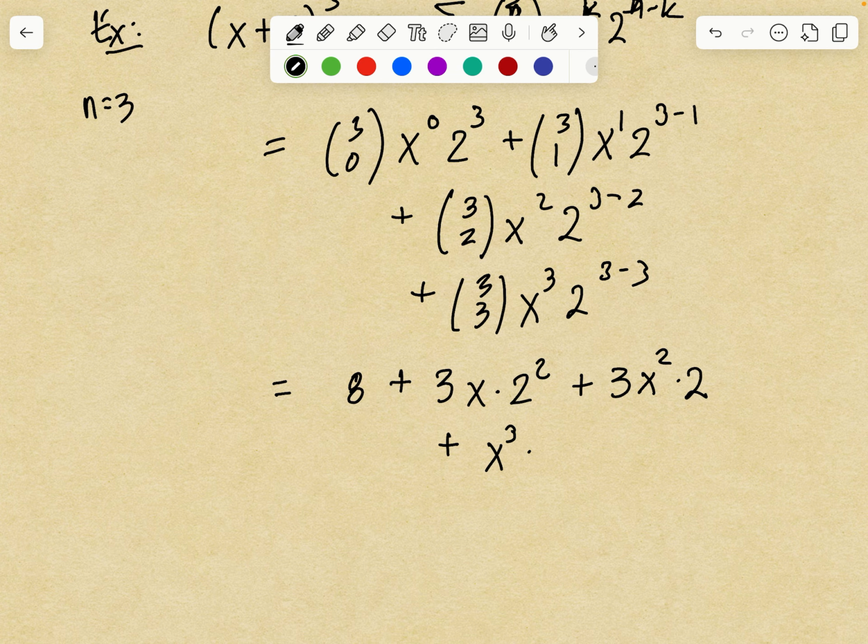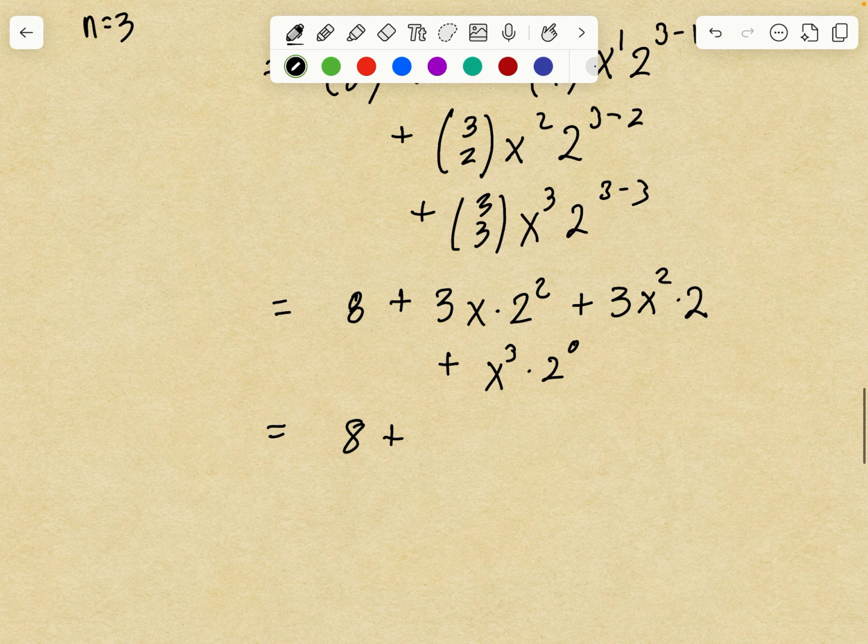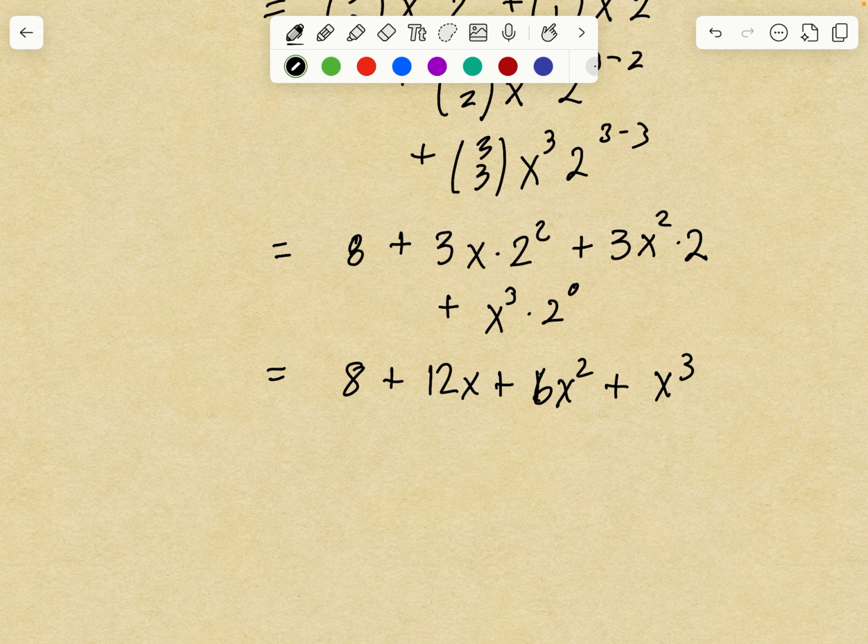And then I have an x cubed times 2 to the 0 power. And when I simplify this, I get 8 plus 12x plus 6x squared plus x cubed. So that's what I get. That's a simple example of using the binomial theorem.